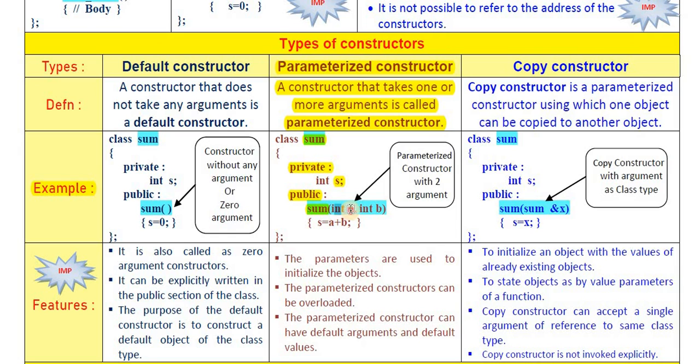But in this constructor we are using two parameters or two arguments, a comma b. So this constructor is using two parameters, so this is called a parameterized constructor. It is very simple. A constructor which accepts one or more parameters is called a parameterized constructor.